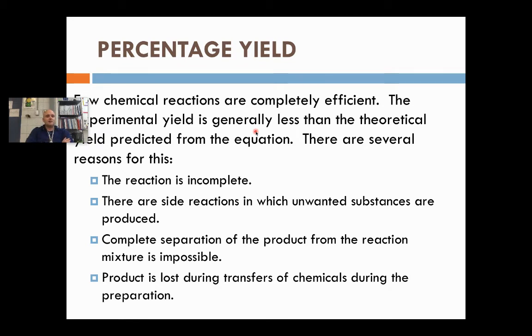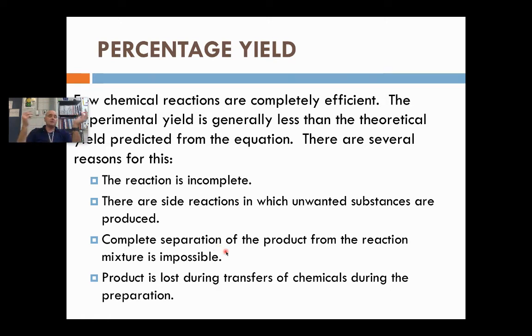There are side reactions which are making unwanted substances, or the complete separation of the product from the reaction mixture is impossible. For example, you couldn't dry out your final product enough, and you still got some extra water there, or the purity of your product is not good.